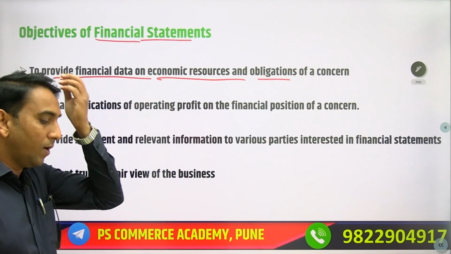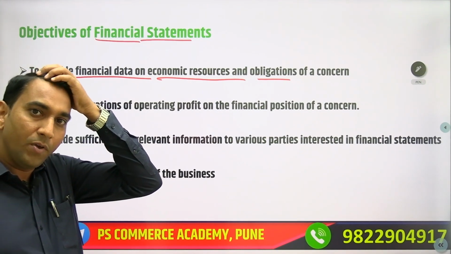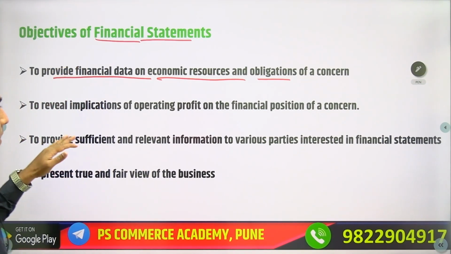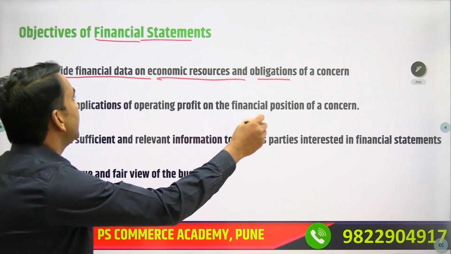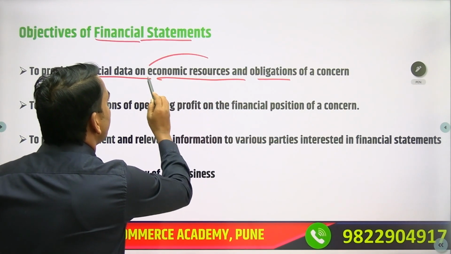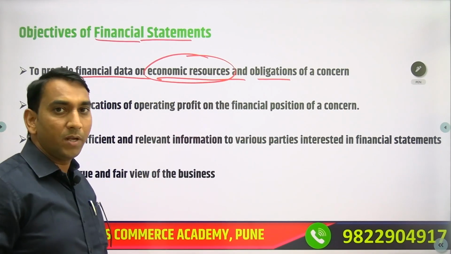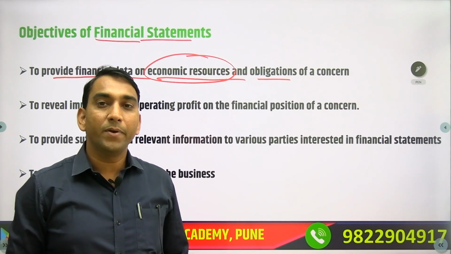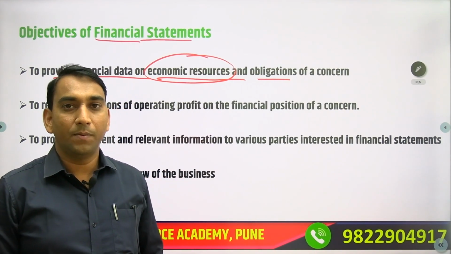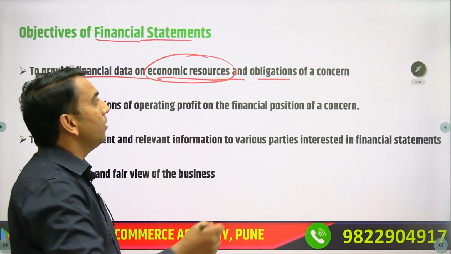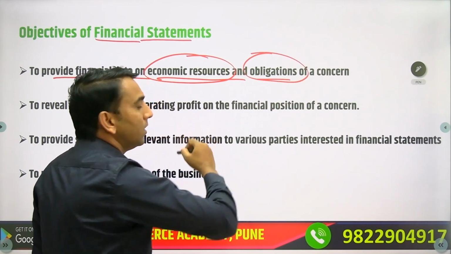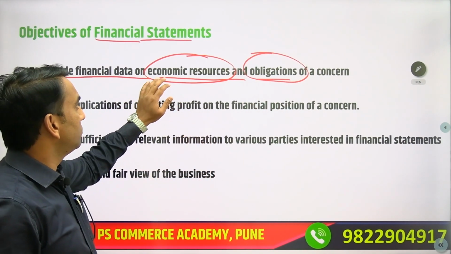So whatever financial data is there, we have to provide information about that. So what financial data relating to economic resources? The word economic resources is a very large term, actually a big term. And obligation we know that. We'll simplify these two terms.